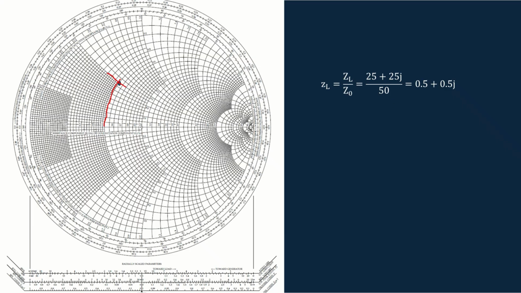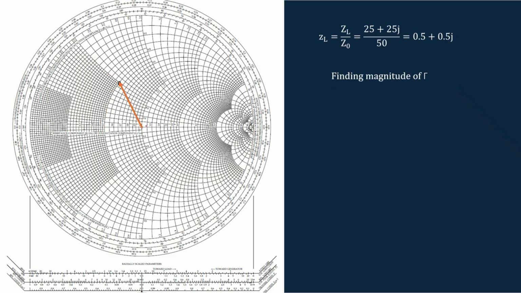Now we have marked that point, and my next step is to measure the distance from here to here and plot that same distance on this reflection coefficient E or I scale. You can use a scale or compass to measure this distance, and then measure the same distance here. It comes to around 0.44.